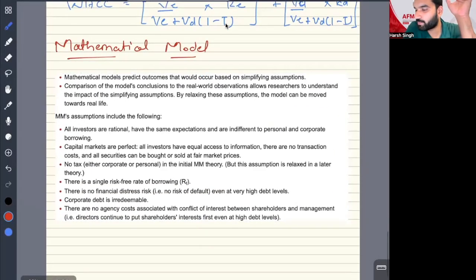The first point says it predicts outcomes that would occur based on simplifying assumptions. Comparison of the model's conclusion to real world observations allows researchers to understand the impact of simplifying assumptions. By relaxing these assumptions, the model can be moved towards real life. So basically, a lot of assumptions have been used to come up with this mathematical model. And what are these assumptions? They are given below. We have already talked about all these things, we don't have to worry much.